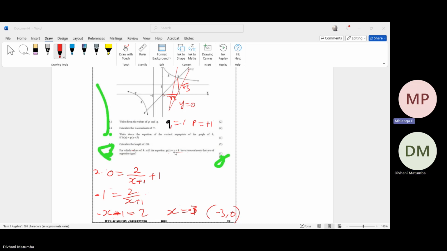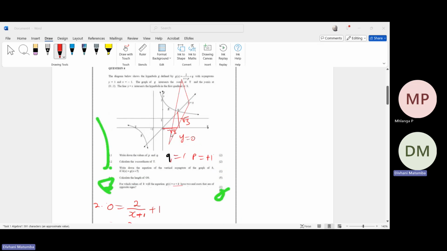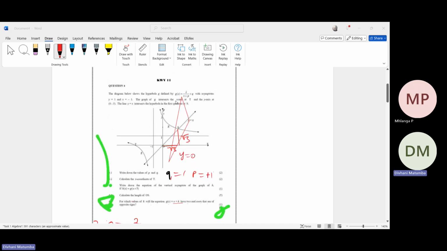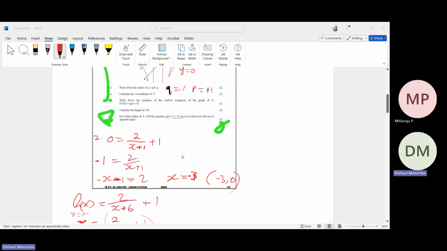But remember g of x, if we are considering the g of x we had initially, is a hyperbola. So if it's a hyperbola, there's no way it will have two roots.